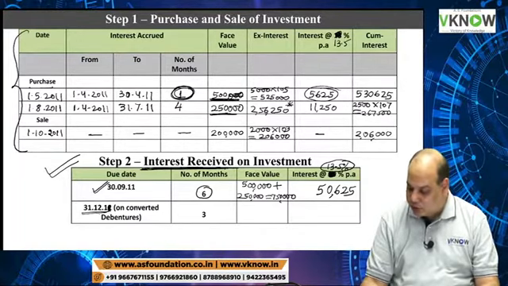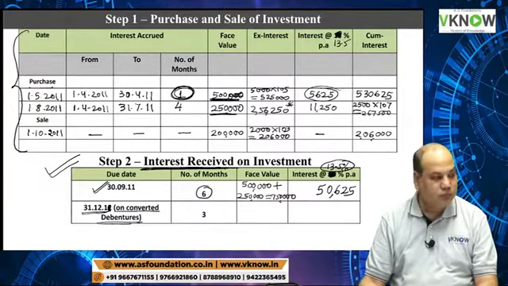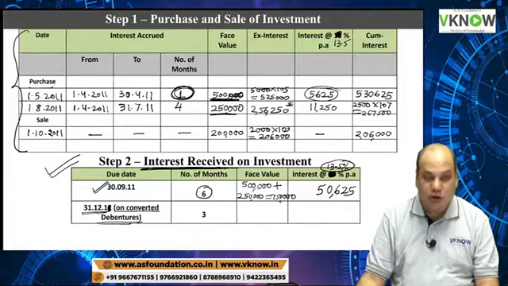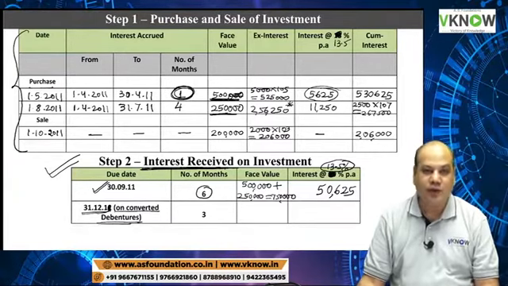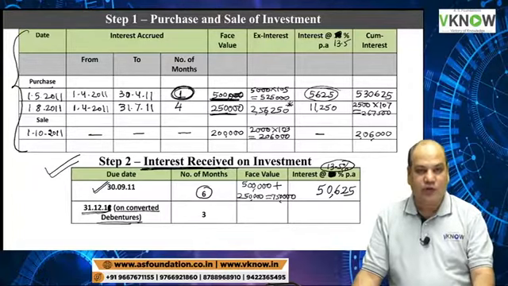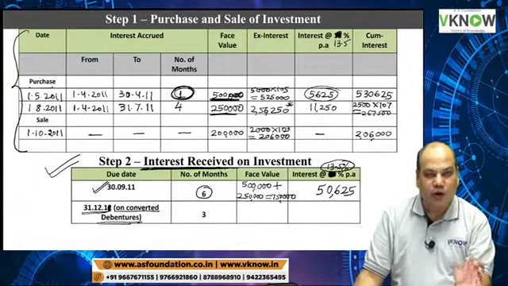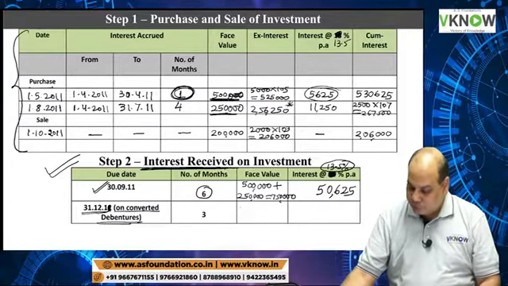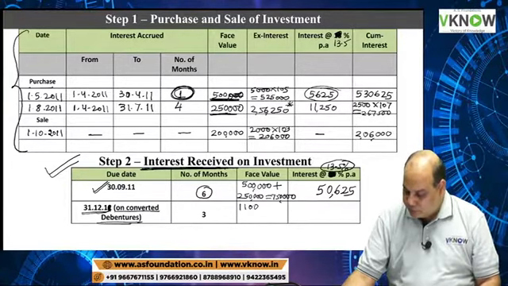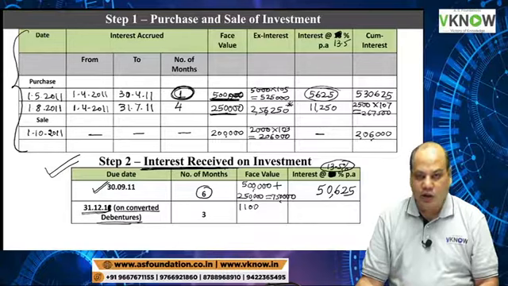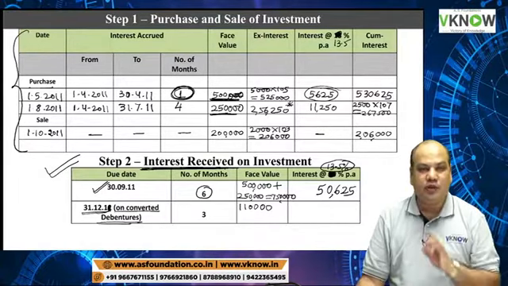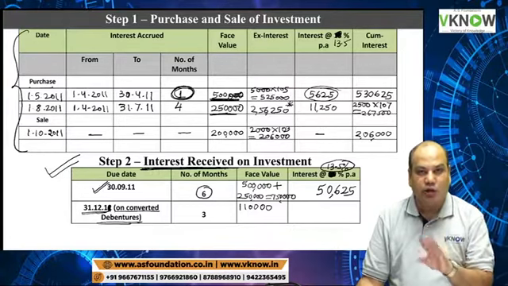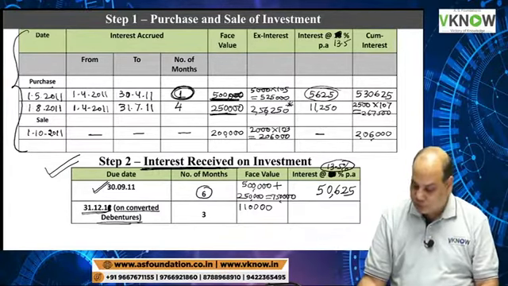31st December 11 on converted debenture. We had discussed, while reading the problem, that debentures will be converted, 1100 debentures. Face value of those converted debentures will be 1100 into 100, 1,10,000.